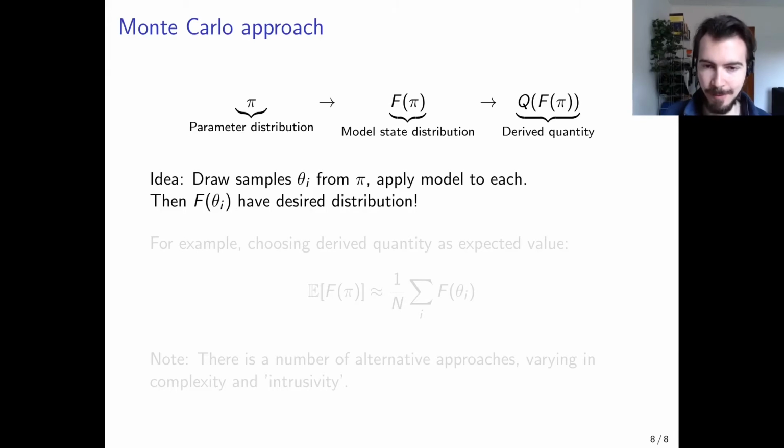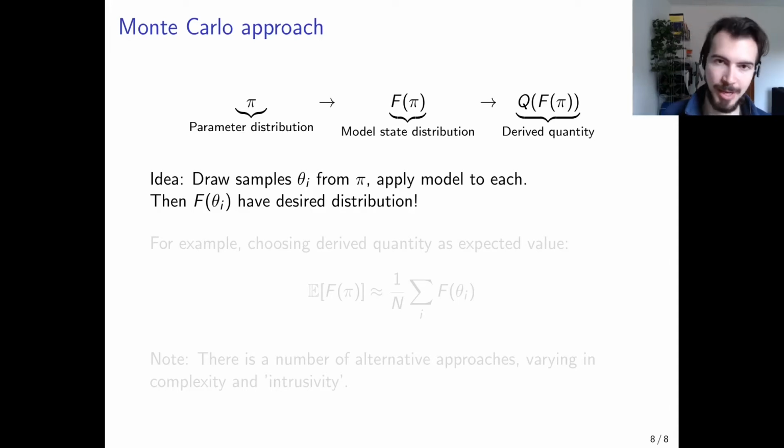We instead resort to sampling. So the idea is we just draw samples from our parameter distribution, essentially rolling dice, and for each parameter we get, we apply the model.